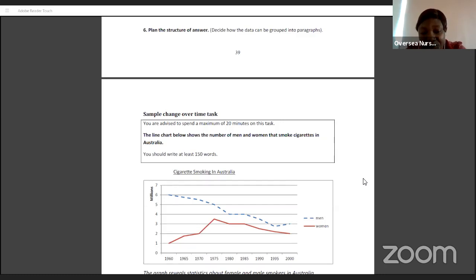There was a significant period of it being steady between 1980 to 1985, and then reduced steadily or slowly until 2000, where there were only 2 million smokers at that point.